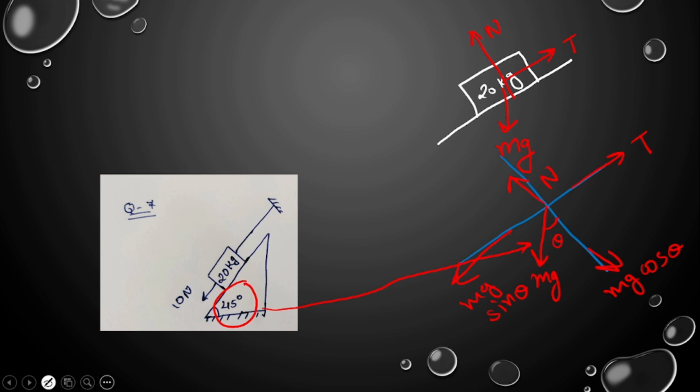Okay. Again, the figure is something like this: mg cos theta, mg sin theta, tension, normal, and 10 Newton in this direction.